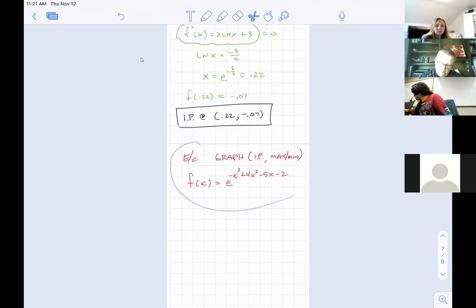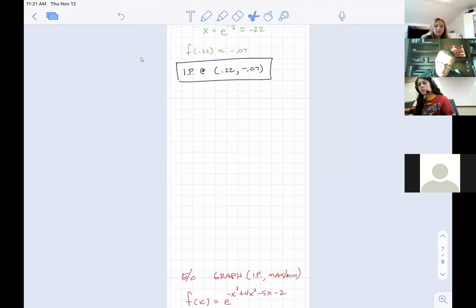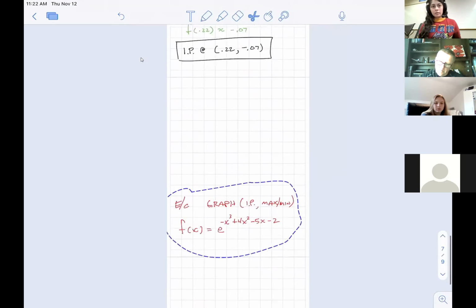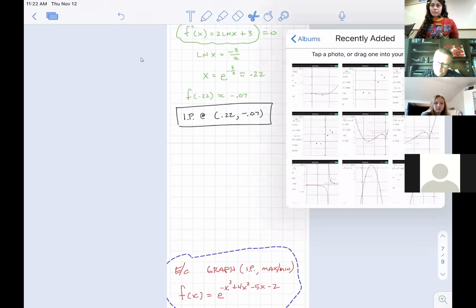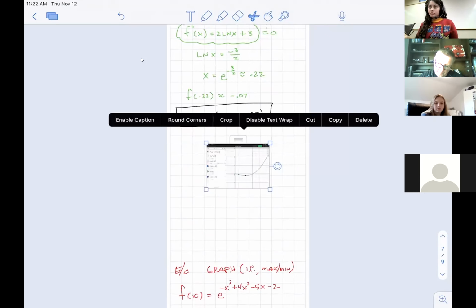All right. Your brain is now ready for the real world. I'm going to stick these 2 graphs into the notes.